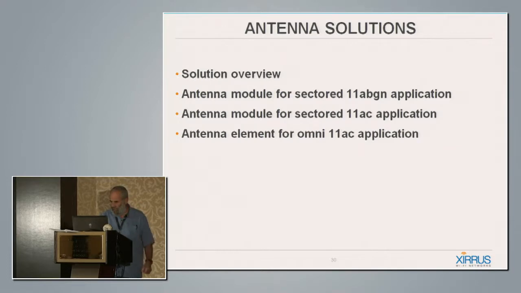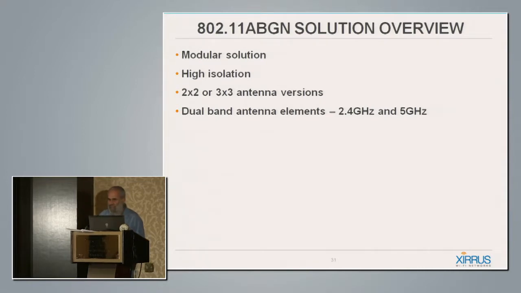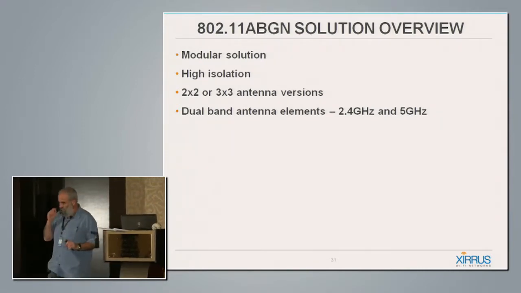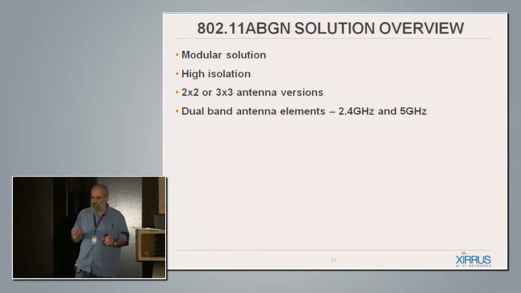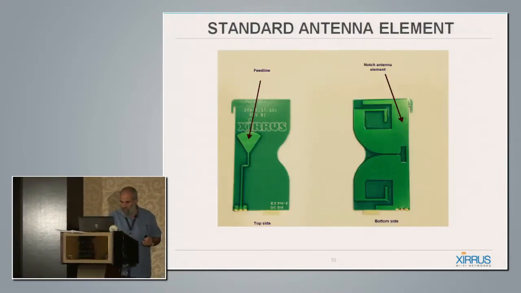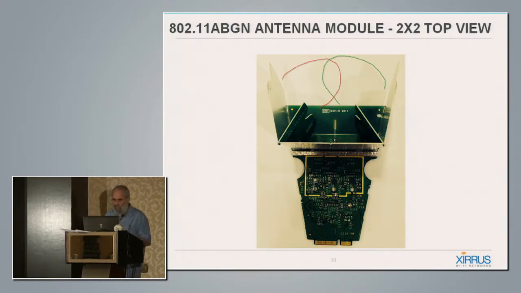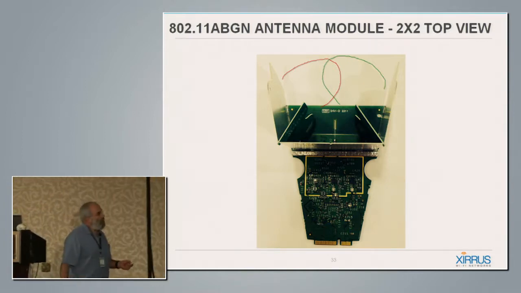So I'll be talking about some of the antennas at Xerox, with some photos that will give you some idea. In the last couple of years, the overall design of the product, instead of trying to have a motherboard with all the RF on it and the antennas, I rather came out with a modular solution, where you have a radio card that is made of the RF part, which is that part.